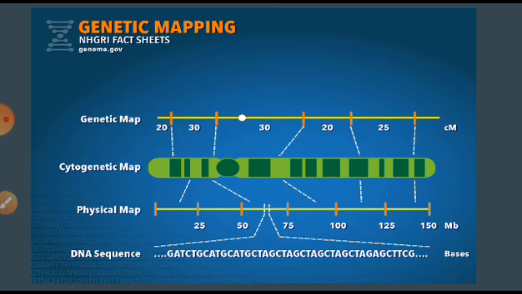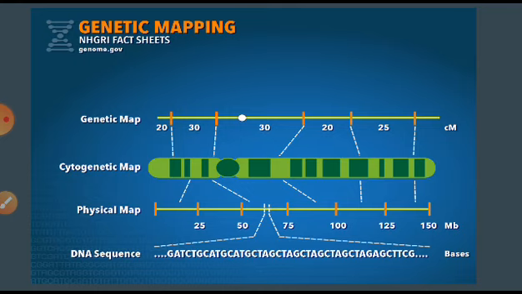Here there is a diagram for the genetic map. The first one looks like a genetic map, where the information is there of the relative genes. Second is the cytogenetic map, a broader view showing where in the cell these genes are located. The physical map gives more accurate information about where that particular gene is present.